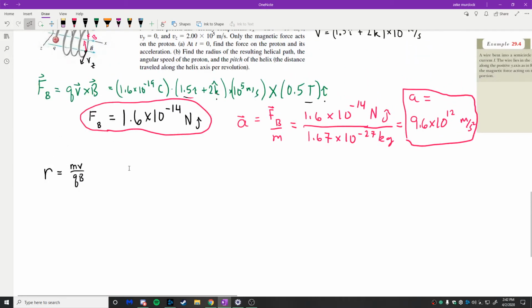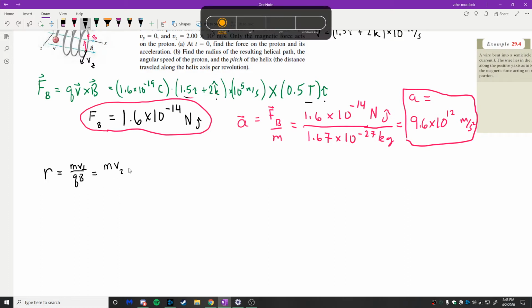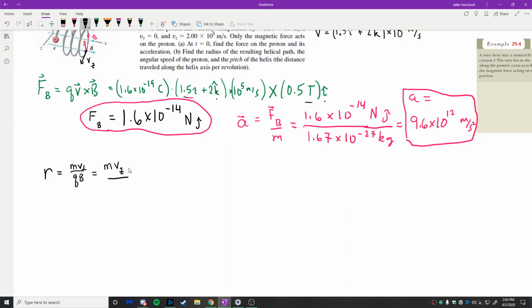But one thing that I kind of left out about this is that the only component that's going to feel this kind of a force, and therefore the only component that's actually going to contribute, is going to be the component that's perpendicular to the magnetic field. So in our case, that's going to be just the z component of the particle's velocity.